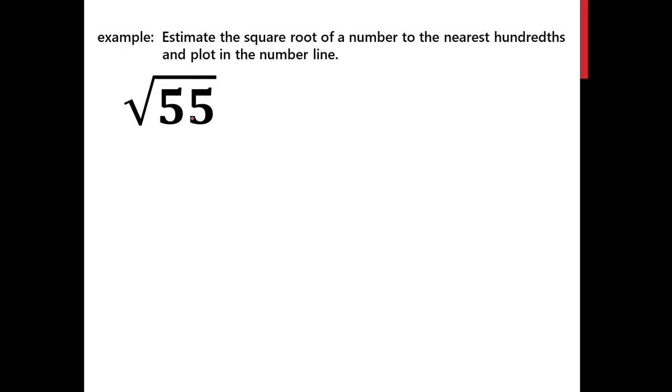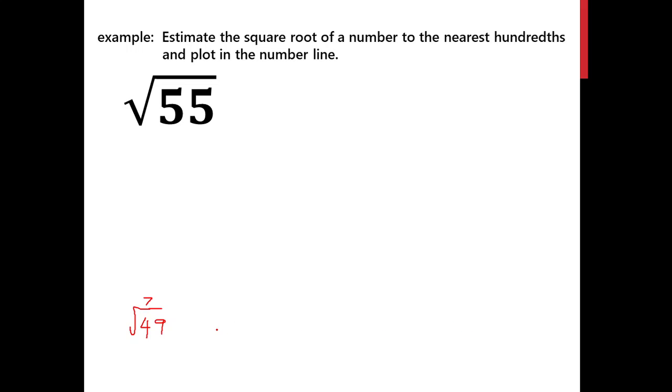So from here, we have 7 times 7, that is 49. So I'll go with the square root of 49. The square root of 49 is 7, right? Next is 8 times 8, that is 64.